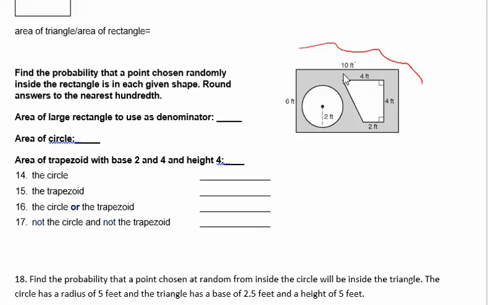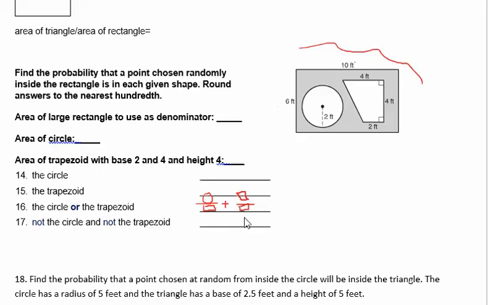When you get to number 16, it says, find the probability that a point chosen randomly inside the rectangle is in the circle or the trapezoid. So for or, you will add the area of the circle over the whole rectangle, plus the area of the trapezoid over the whole rectangle.